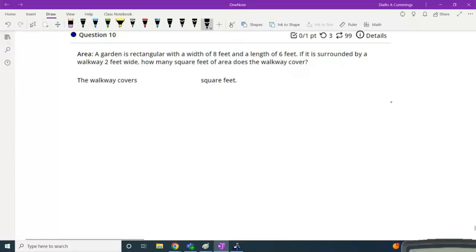So first I'm going to draw that rectangular garden. And it says that it's 8 feet by 6 feet, right? All right, so this is the little garden with flowers in it or whatever.